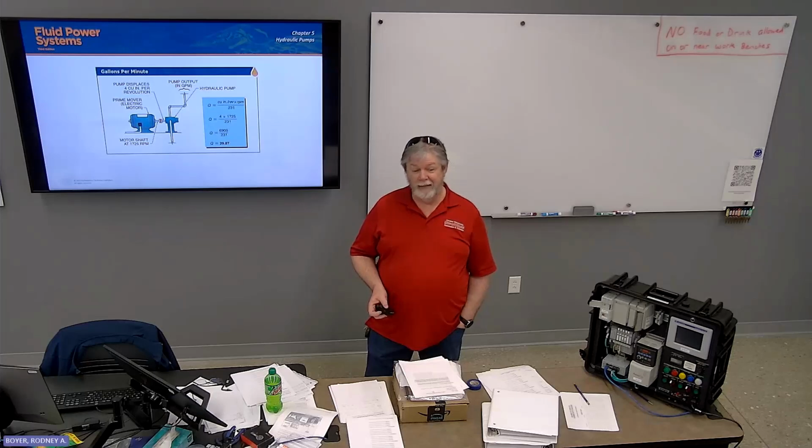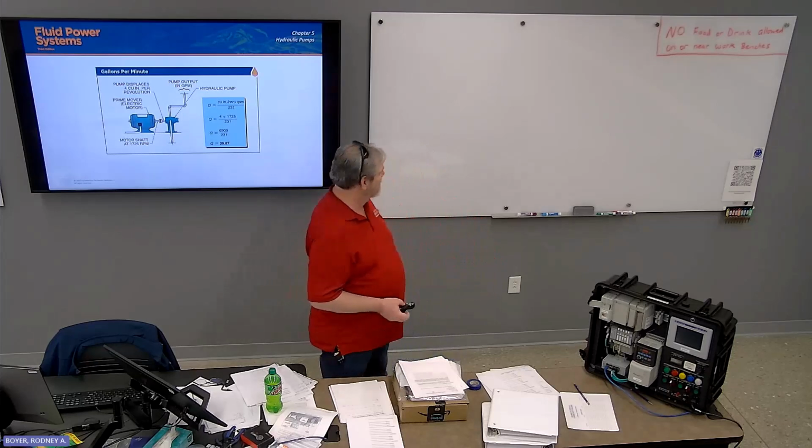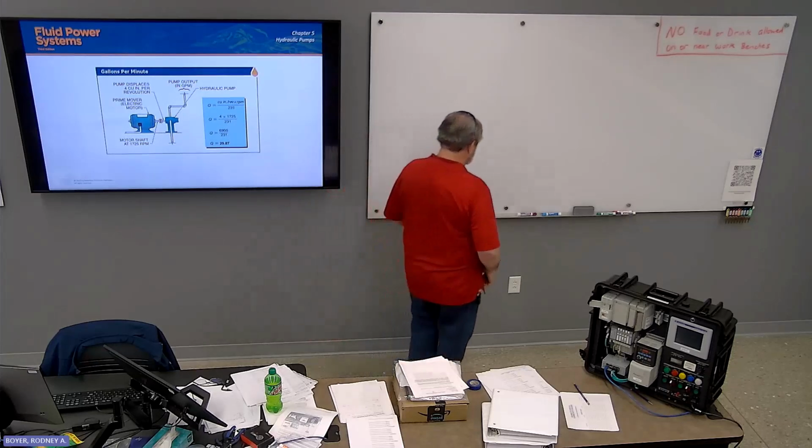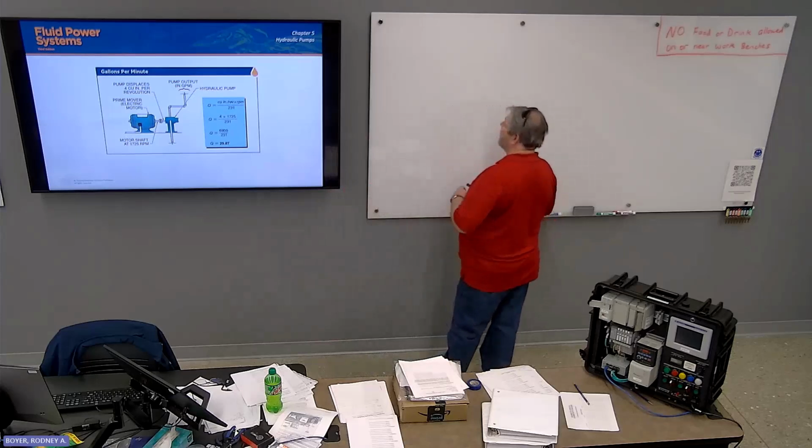Somebody, anybody? That'd be a 2-pole motor. That's a really good guess and it's dead wrong. It was a guess, yeah, so I'll take it. Anybody remember what formula it is? No.